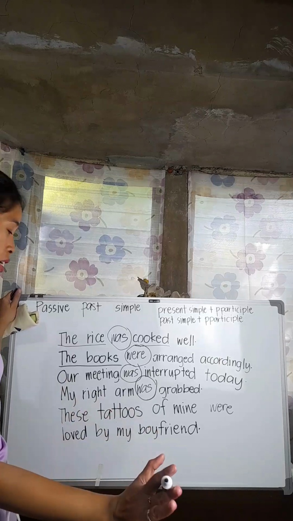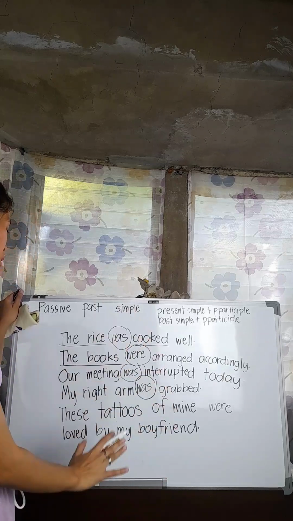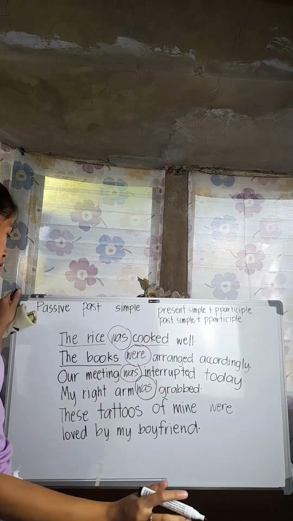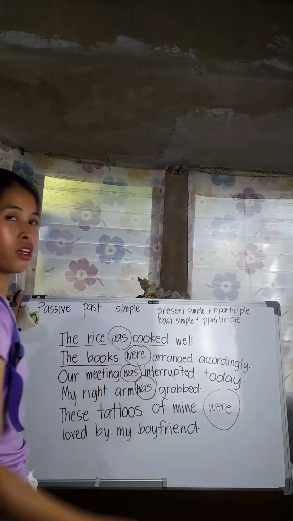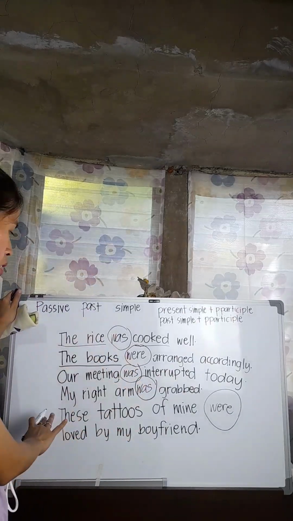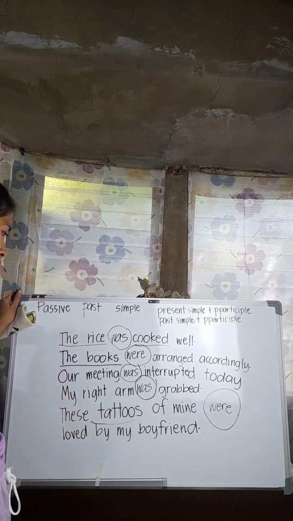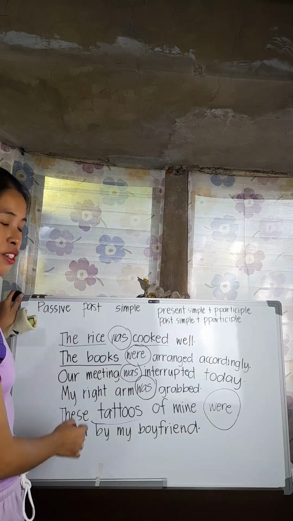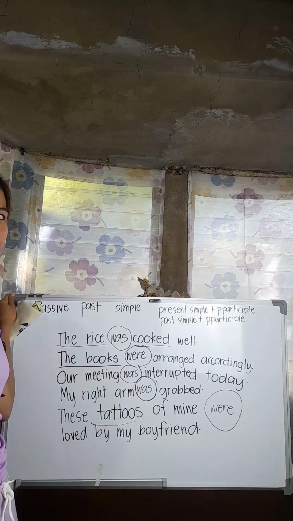For the fifth sentence, these tattoos of mine were loved by my boyfriend. So as you can observe, the past simple here is the word were because the subject is plural. And the word loved as the past participle.